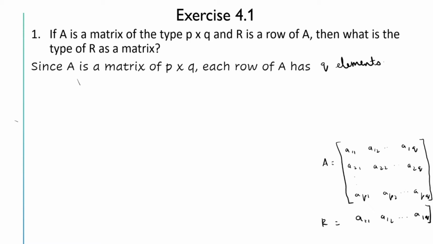So this is a matrix of order 1 by Q. So therefore R is a matrix of the type 1 by Q. It means it has got one row and Q columns. So this is the answer.